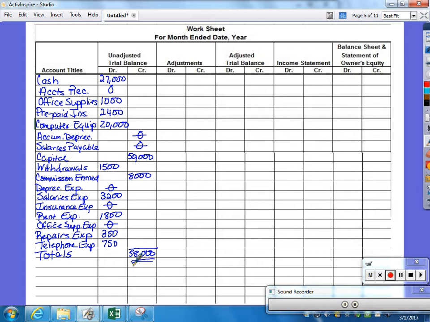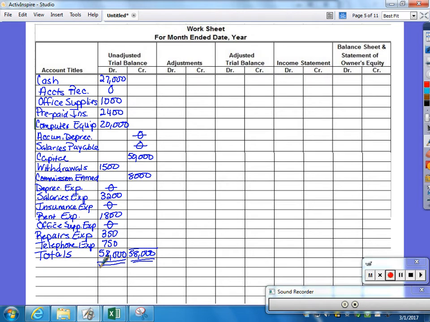Does it equal 58,000? Yeah. All right, so now that we have this unadjusted trial balance, we have to do what? How do we adjust? Adjusting entries, right? So we'll come back and fill out this adjustments column after we record our adjusting entries. They give you, under number 4, the adjustments.